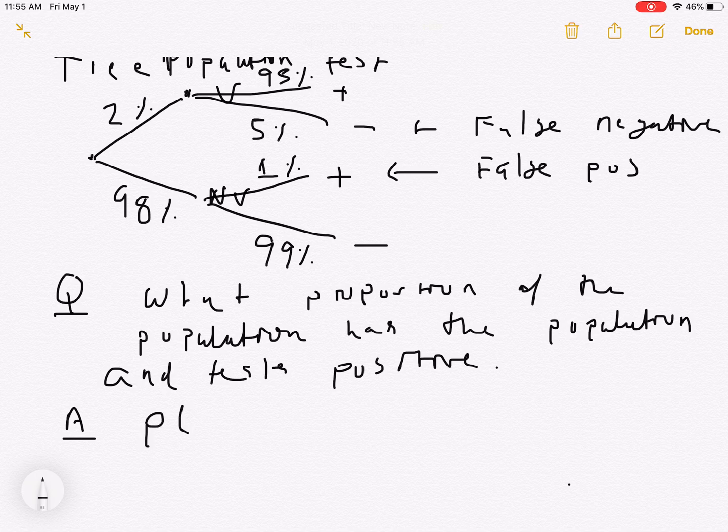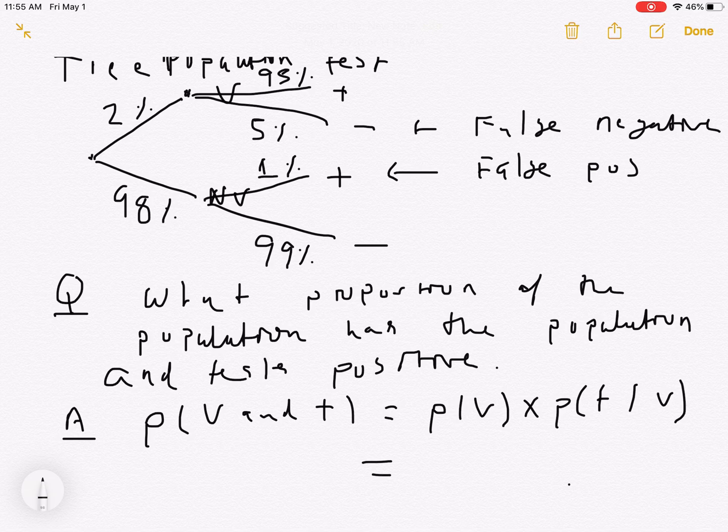So probability of virus and positive. I'm just going to use conditional probability to calculate this. It's going to be probability of virus times probability of positive given, which is that bar, virus.